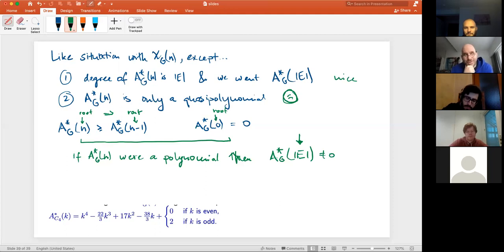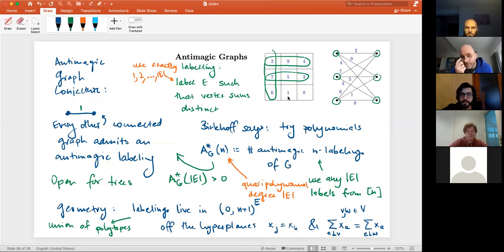Okay, so what can you do? Well, it turns out you can salvage something. You can salvage something, and that is if you get rid of this condition over here.